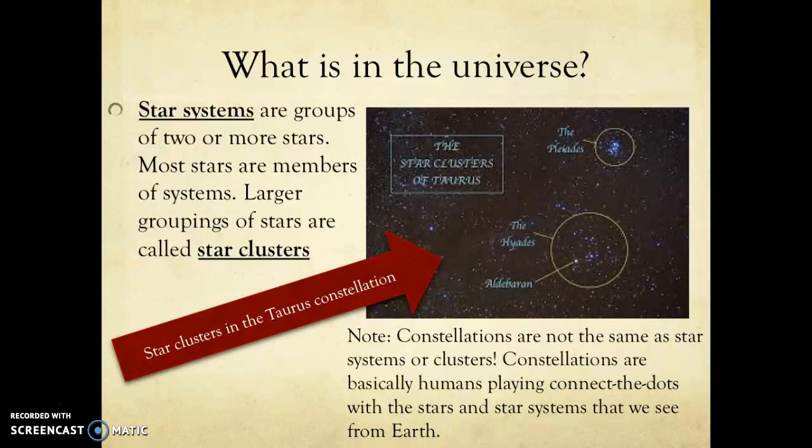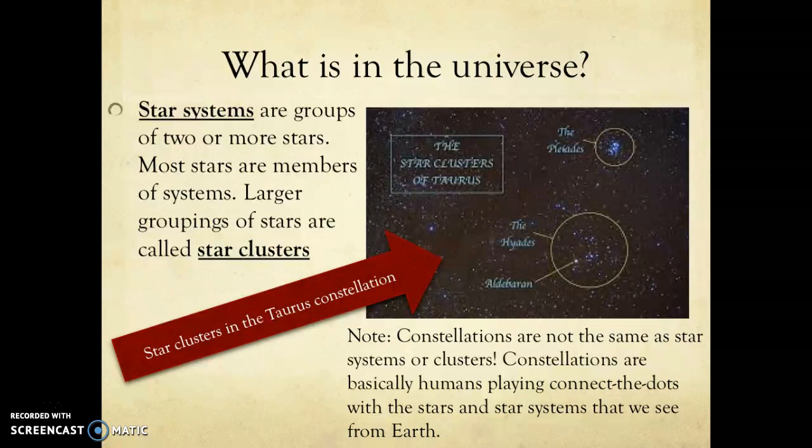Very often, those constellations may actually contain things like planets and other galaxies, but to us, when we just look at them with our eyes, not using telescopes or anything like that, it looks like a star. So it's just another big spot in the sky that we play connect the dots with, basically.